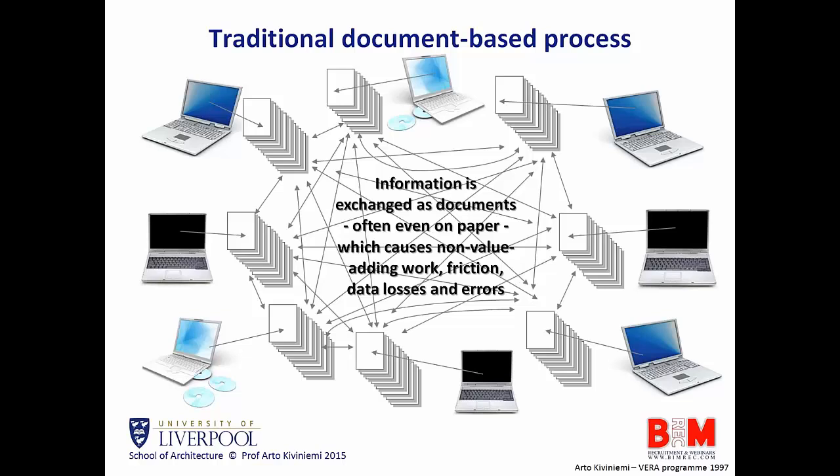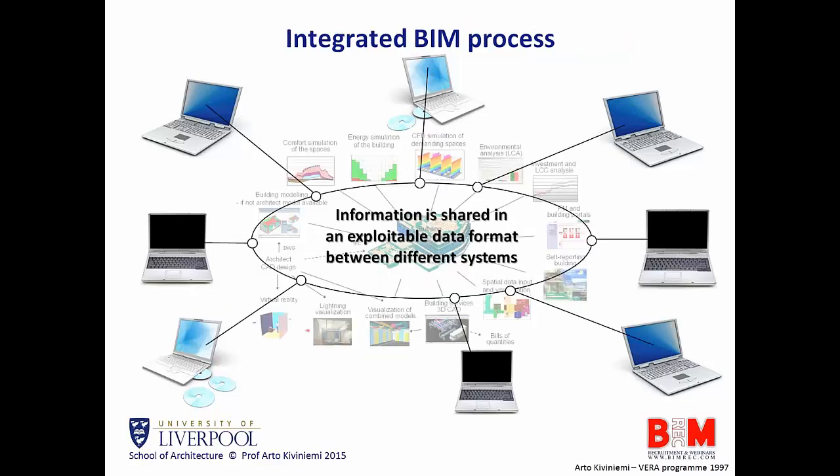There was in the mid-90s a study in the UK that was saying that every bit of information that we have in the construction and design processes is recreated 7 times in the process. And that means that we are really wasting a lot of resources. So the basic idea of the integrated BIM is that information is shared in an exploitable data format between the different systems, which means that the information must be computer readable.